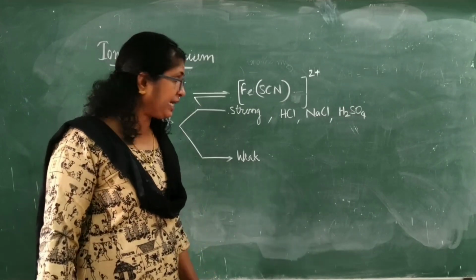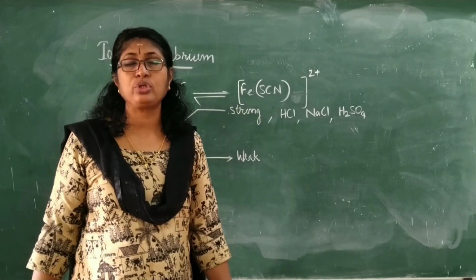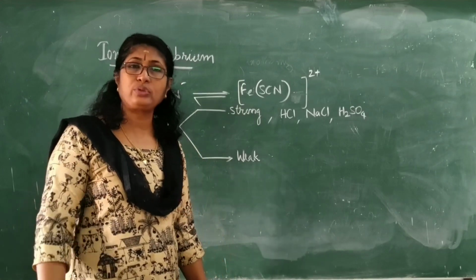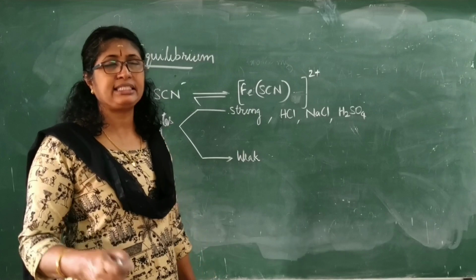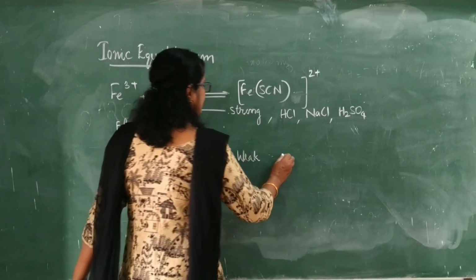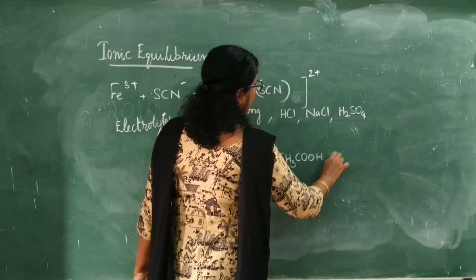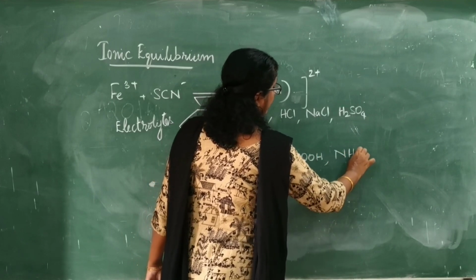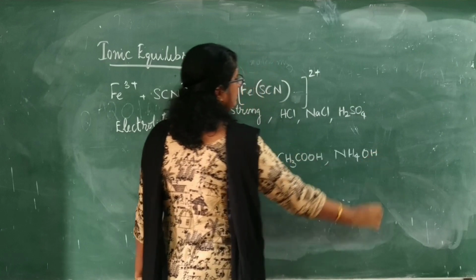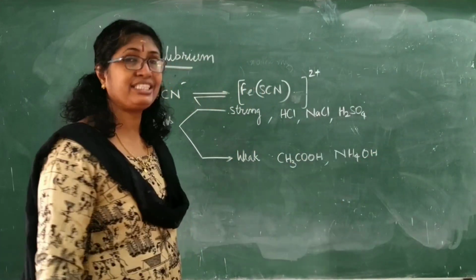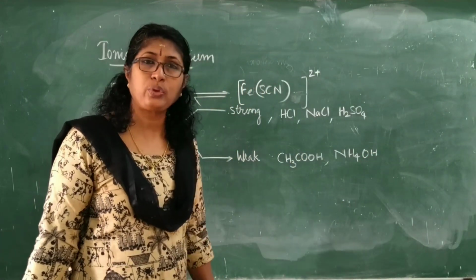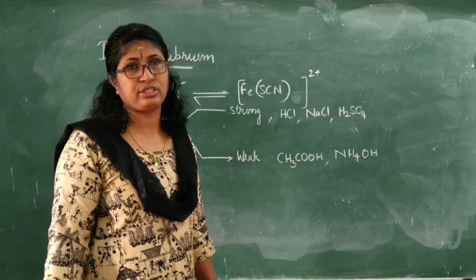Whereas weak electrolytes are those which dissociate or ionize to a very small extent. For example, CH3COOH, ethanoic acid, ammonium hydroxide, etc. These dissociate only to a very small extent.